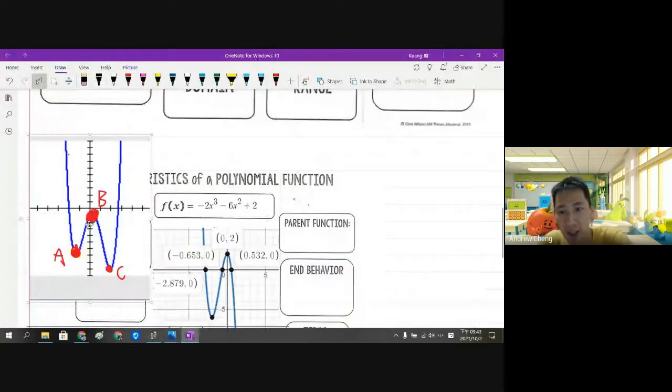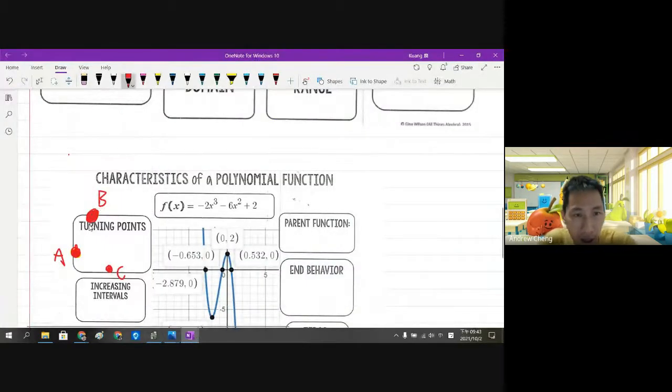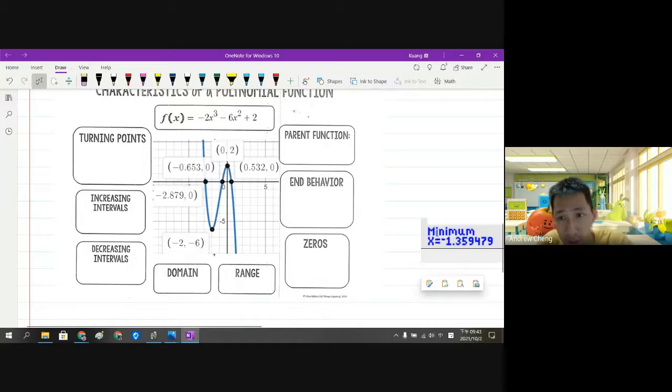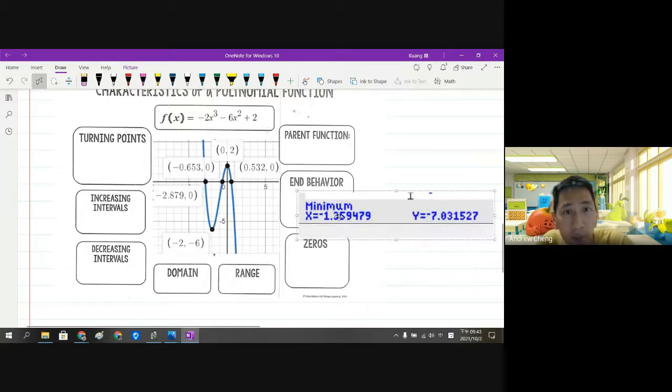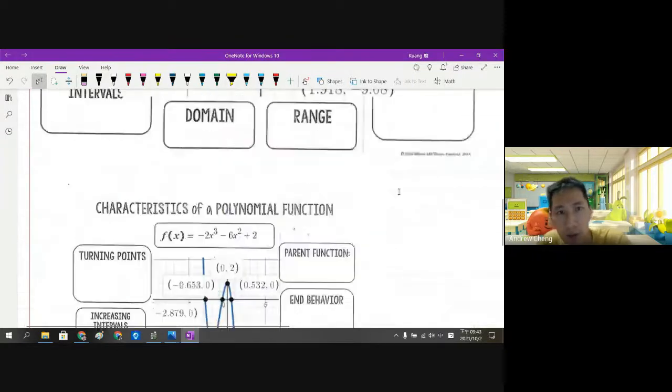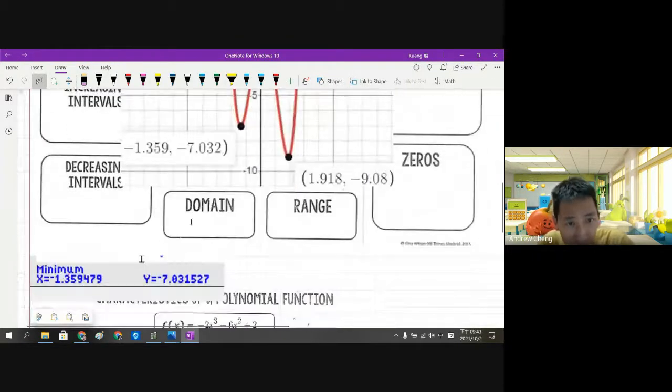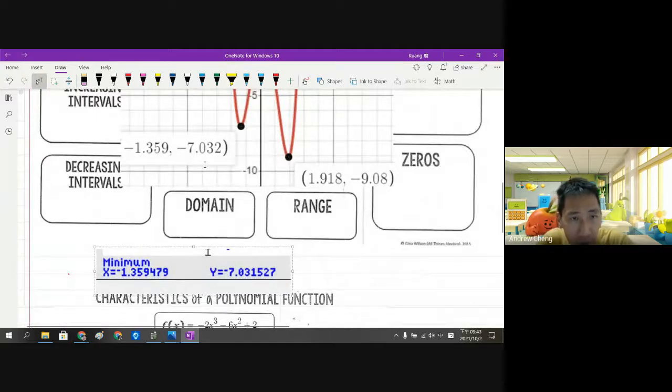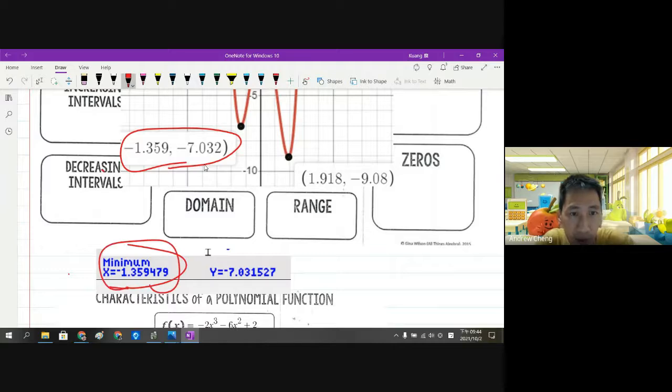So you see the coordinates, this is the lowest point, the relative minimum.